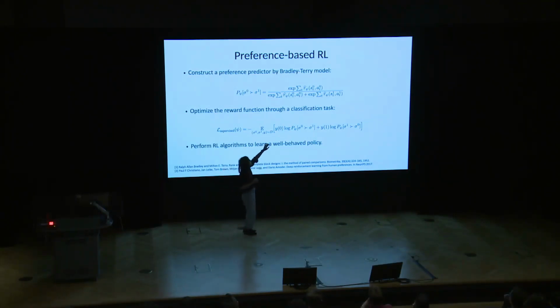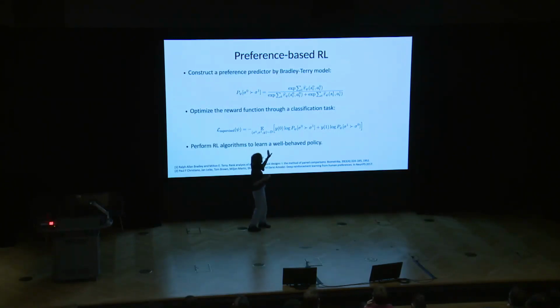Based on R hat phi, the reward predictor that we don't know and try to learn, we try to infer it from the preference data that we have. Basically, this is a binary prediction model. Based on the human preference that says, okay, I prefer A compared to B, the predictor P phi predicts which of A and B is better.